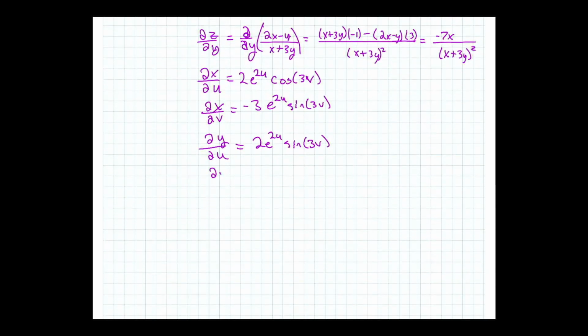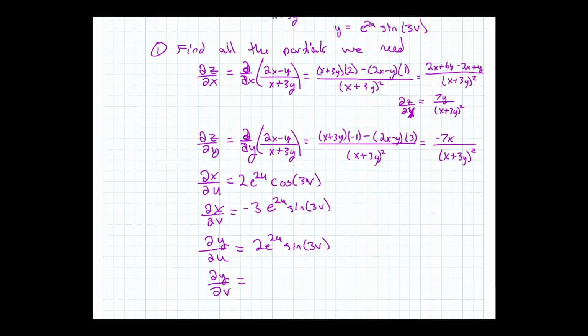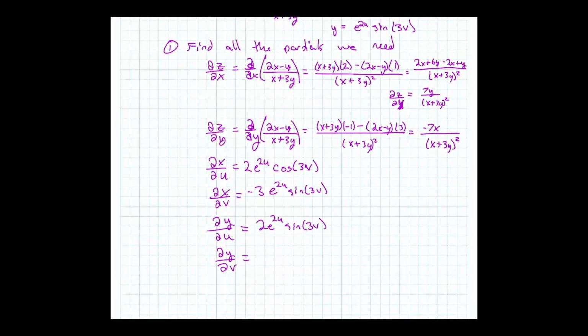And then we also need partial y with respect to v. Same sort of thing. The derivative of sine 3v is going to be 3 cosine 3v. So we end up with 3e to the 2u cosine 3v. Like that. Okay.